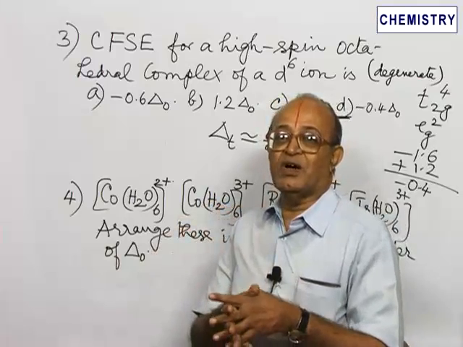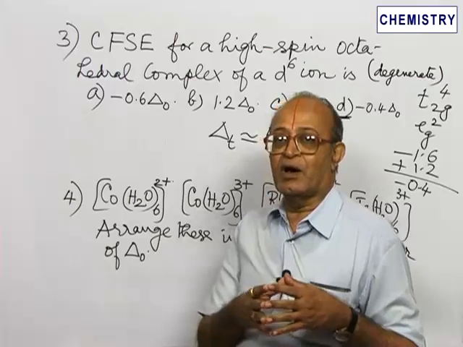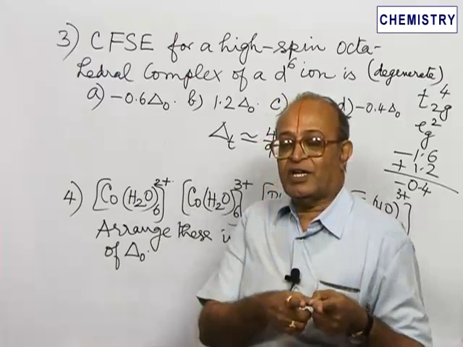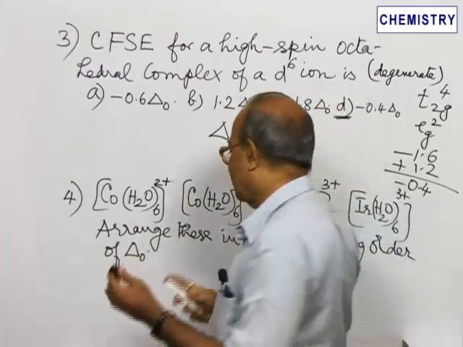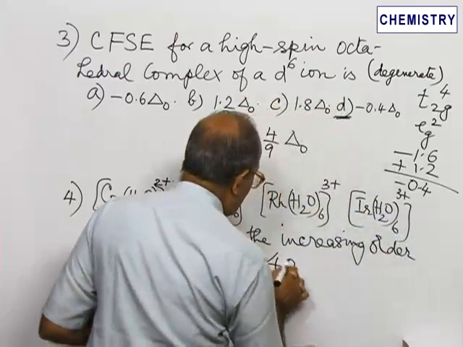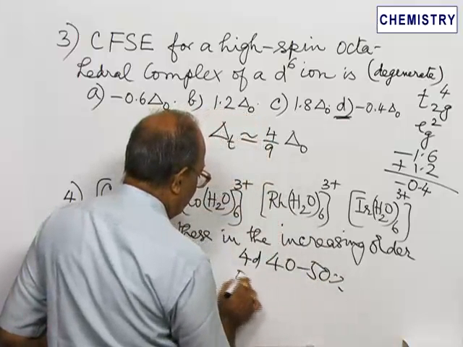It has been observed if you change the central metal atom or ion from 3D to 4D, roughly there is an increase of 40 to 50% for 4D.